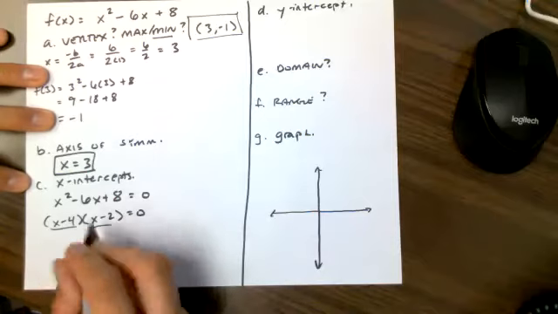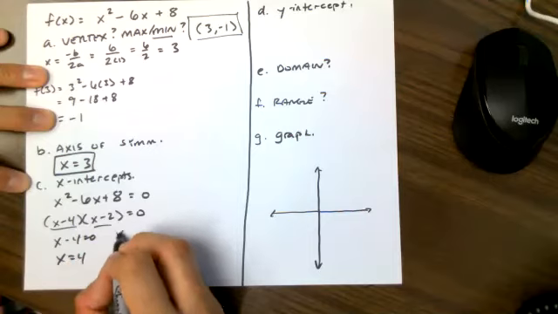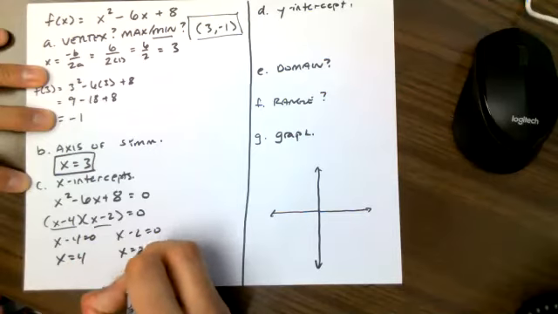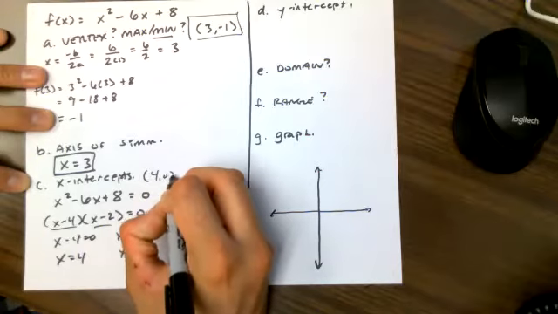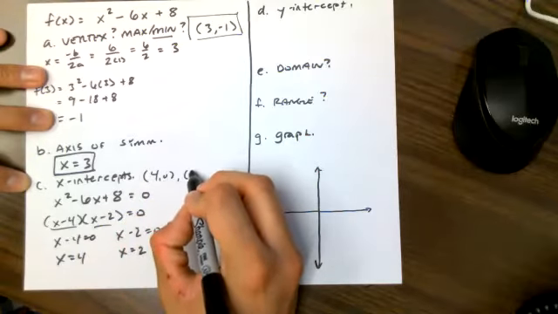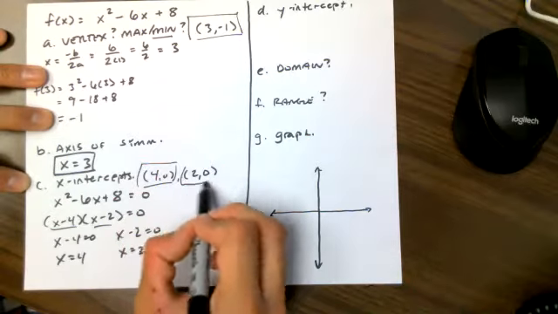So I set each one of those equal to 0. So x equals 4, and x equals 2. So I've got two x-intercepts this time, 4, 0, and 2, 0.